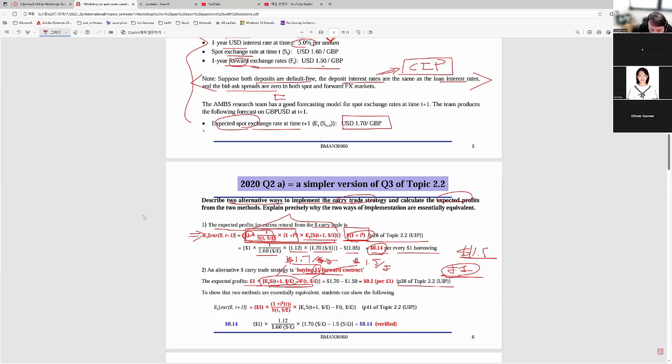Right away you sell £1 and expect to get $1.7. So the difference is going to be your expected dollar profit for buying a £1 forward contract. 1.7 minus 1.5, 0.2, that's the dollar profit per every £1 forward contract. So these are two alternative ways of implementing the dollar carry trade strategy. Here we need to show why the two ways of implementation are essentially equivalent.